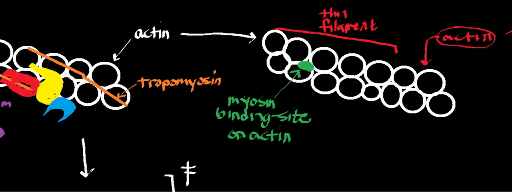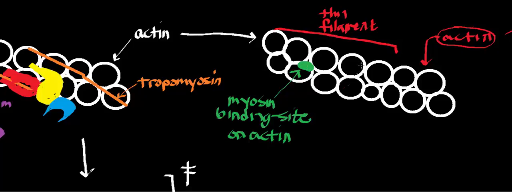Okay, this green site right here, and of course, there's going to be many of those, that's just representative of one myosin binding site on actin. Okay, so these actin proteins are going to have what are referred to as myosin binding sites, and these are the points to which myosin will attach, and we'll get to that fairly soon.